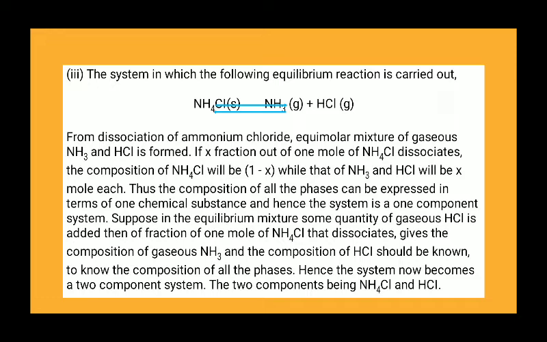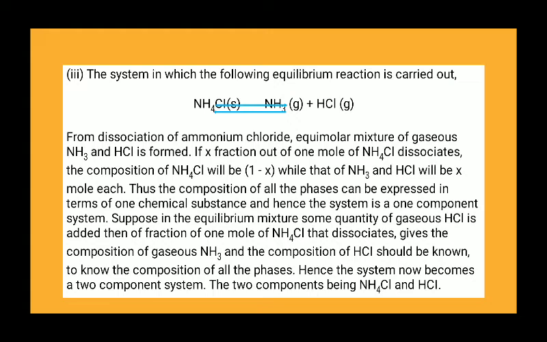If X fraction of 1 mole of ammonium chloride dissociates, the composition of ammonium chloride will be 1 minus X, while that of ammonia and HCl will be X mole each. Thus, the composition of all the phases can be expressed in terms of one chemical substance. Hence, the system is a one component system.